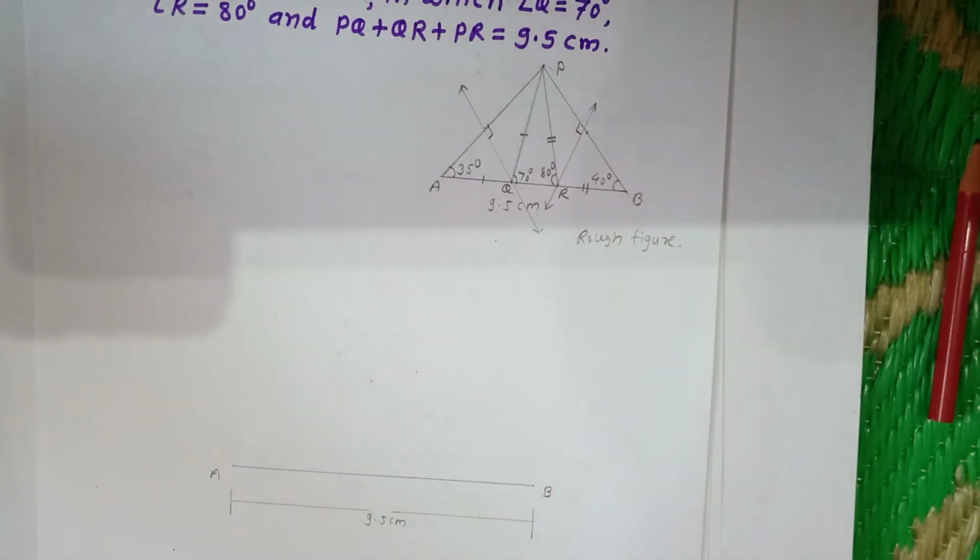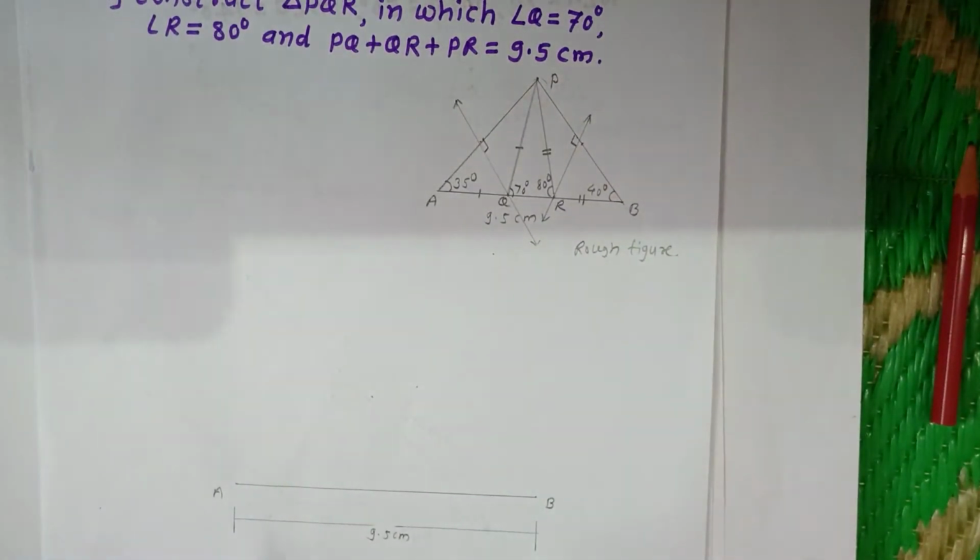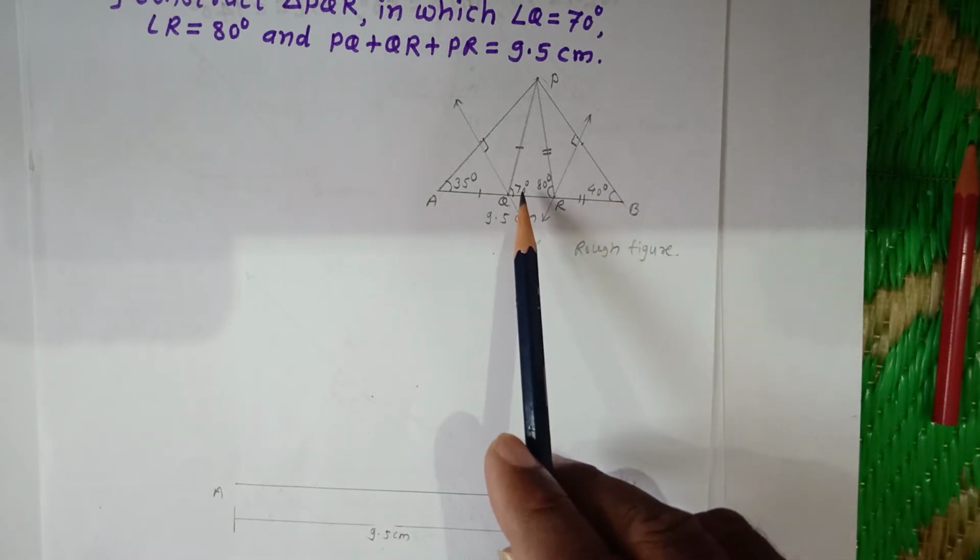At first draw the segment AB 9.5 centimeter, that equal to the perimeter of a triangle. Now angle Q is given 70 degree.